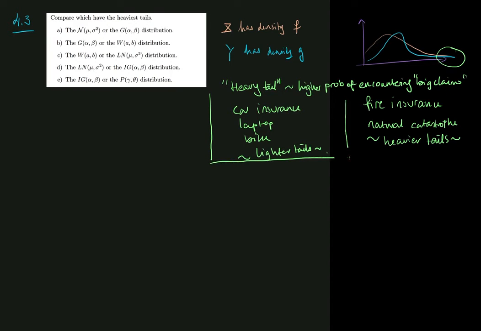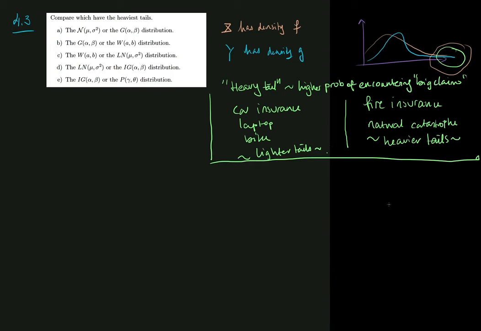There will be some things that we need to use. As you noted, I explained the idea of light versus heavy tail by looking at the outer tails, the right tails of the densities for two different distributions.